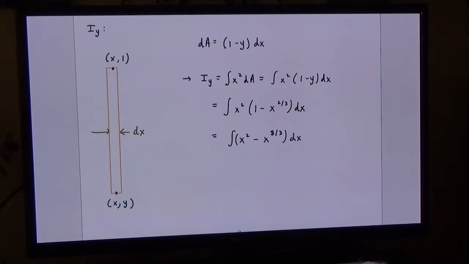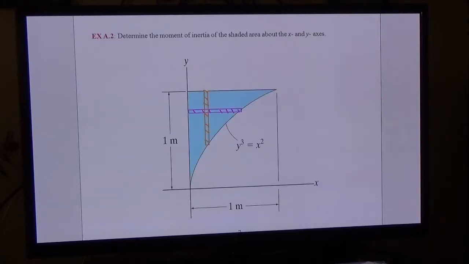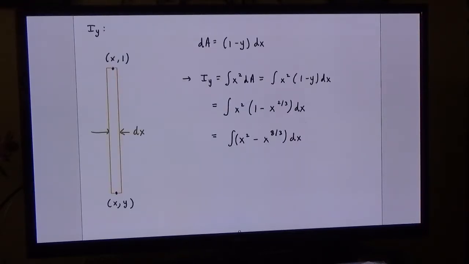This time my limits are on x. So I go back to my figure. At the left I have an x of 0, at the right I have an x of 1. And now again I can just solve it as I would any regular calculus integral.